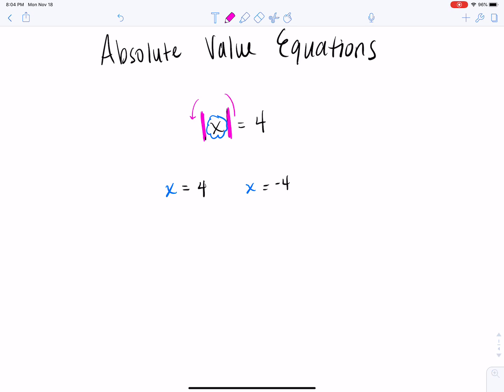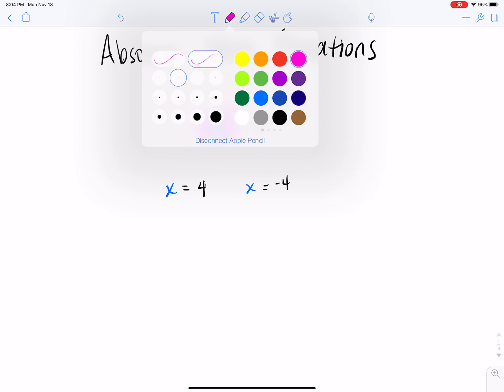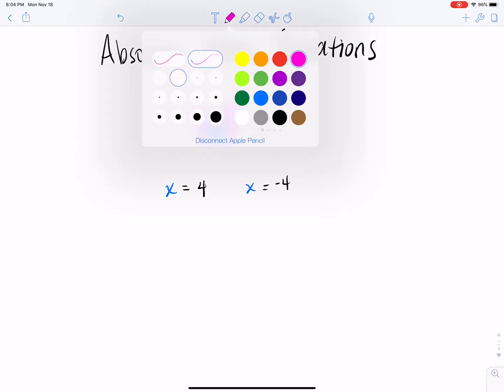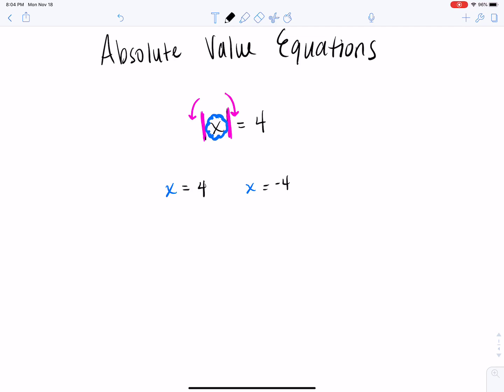There was nothing behind the absolute value bars when I began talking about what was inside. So our first goal is you have to make sure that there doesn't remain anything in front of or behind the absolute value bars. So basically we're going to get those bars on the left side all by itself.